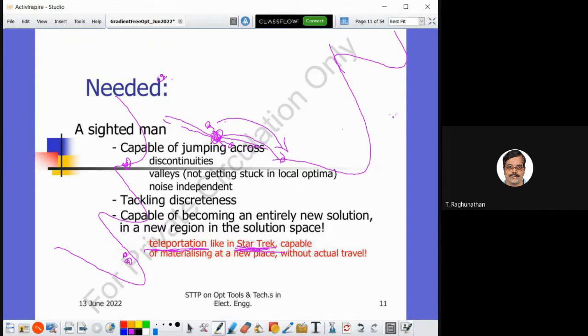But from here to here, that's not possible at all. But we need that kind of method if we are to escape the local minima and find the global minimum in a multimodal solution landscape. Now the question is, do that kind of methods exist?